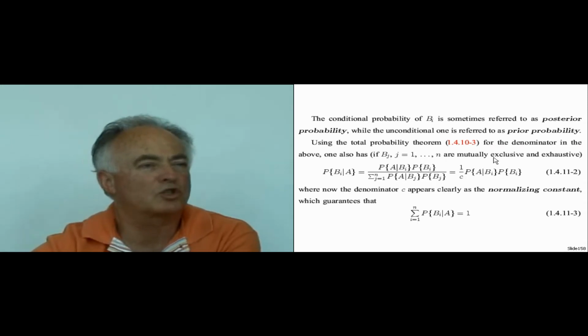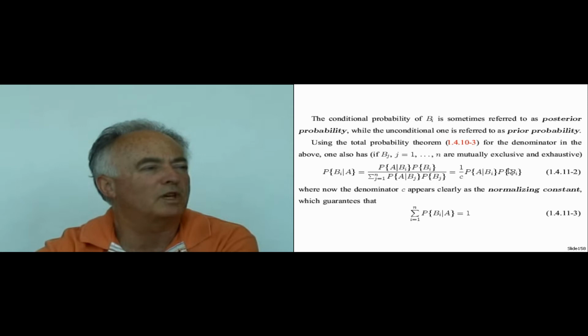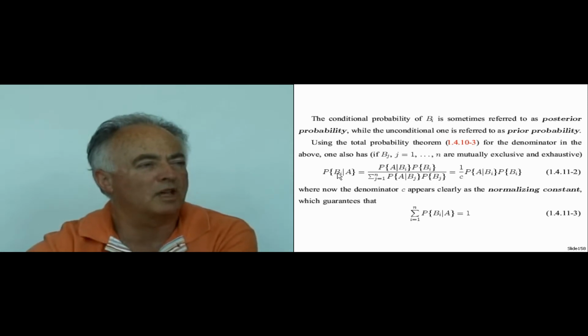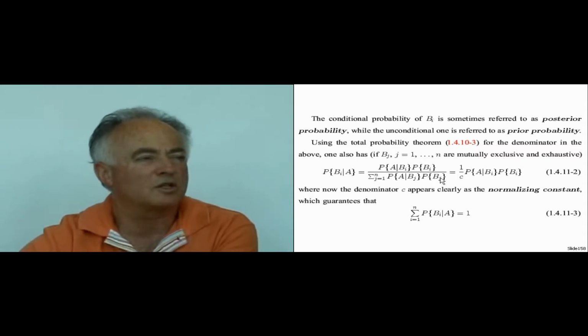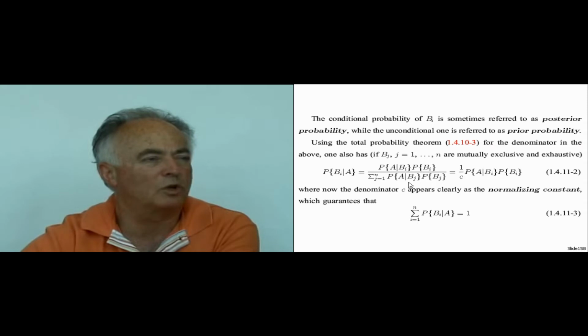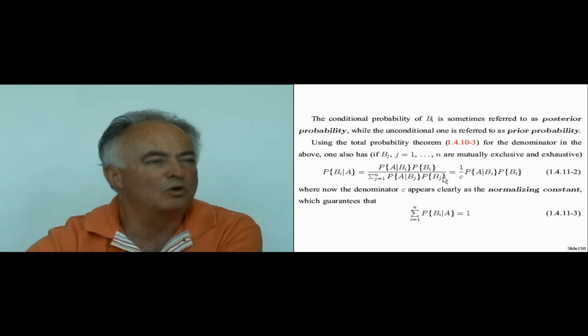Using the total probability theorem for the denominator in the Bayes formula, with Bj, j from 1 to n, mutually exclusive and exhaustive, we can write P of Bi given A as P of A given Bi times P of Bi, and the denominator, which was P of A, is expressed as a sum, j from 1 to n, of P of A given Bj times P of Bj, with a different dummy summation index here. But if you look at what the denominator is, it is nothing but the sum of all the possible numerators.